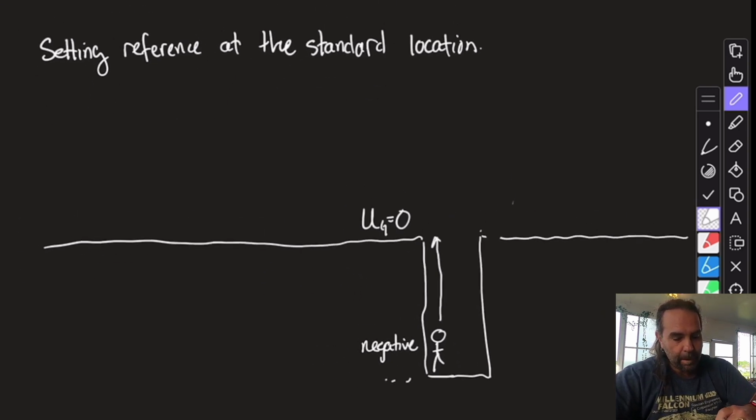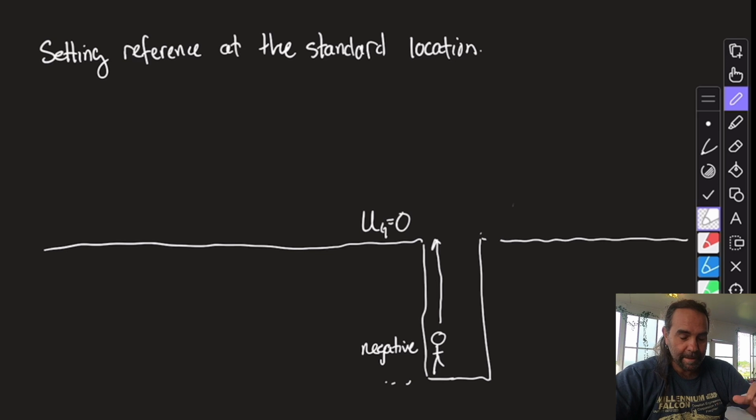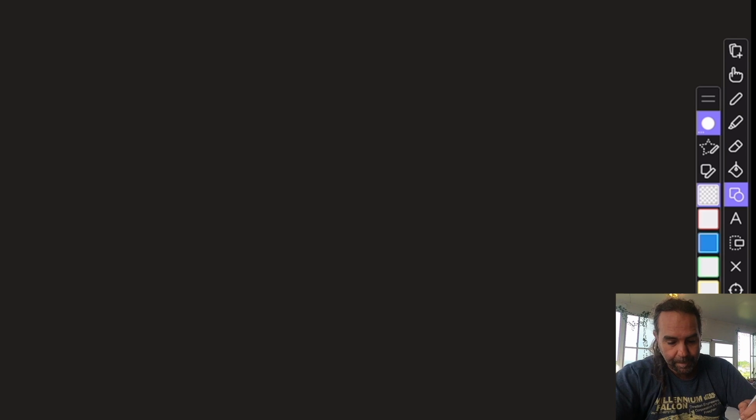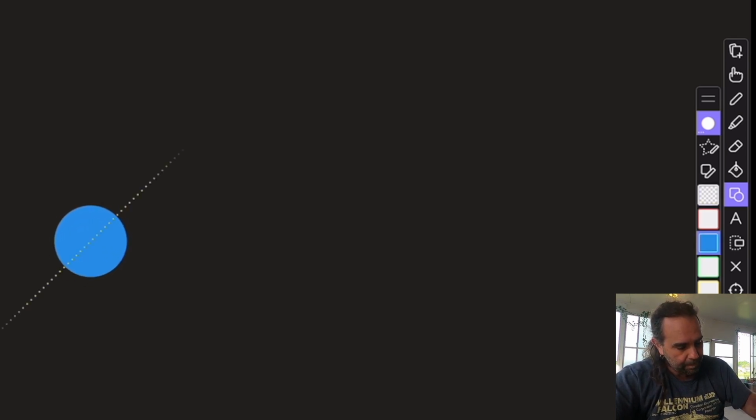Now, here's the issue. We get rid of the well here for a minute because the well makes for a nice example of if you're trapped in a well, it takes energy to get you out of the well. It's harder to see that when we're talking about a planet. So let's talk about a planet again. So here's our planet. And here's you.